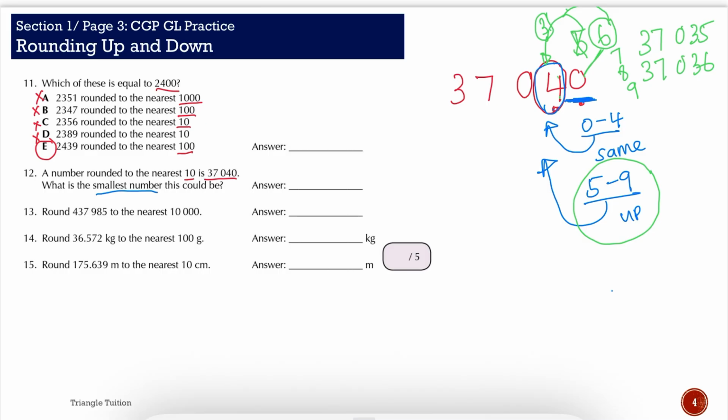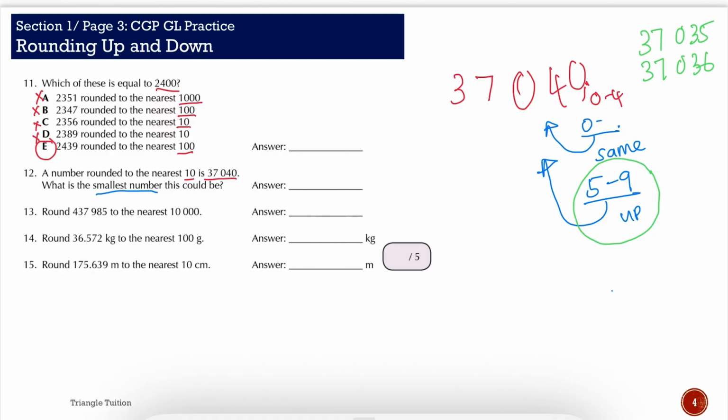On the other hand, let's say this digit is from 0 to 4.